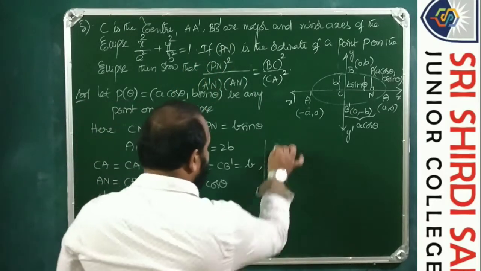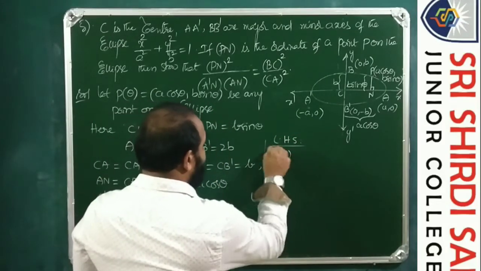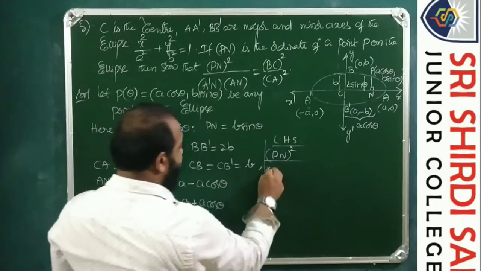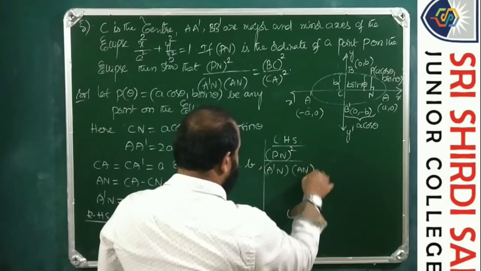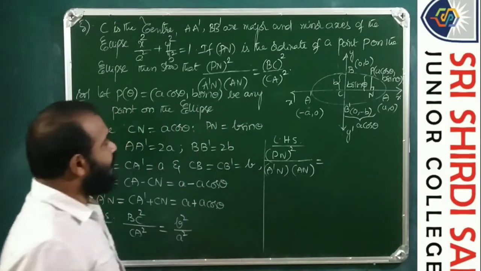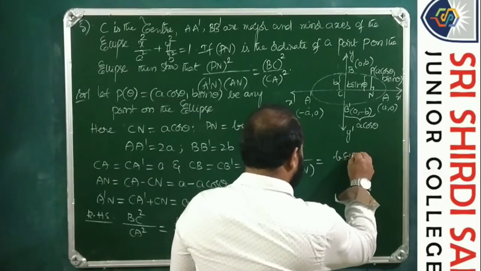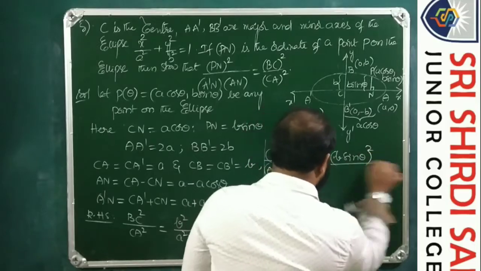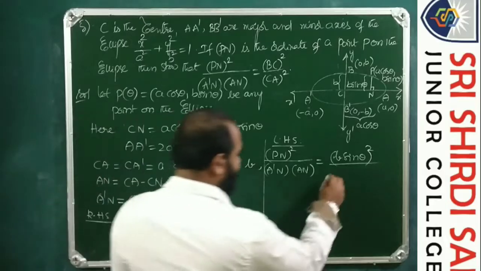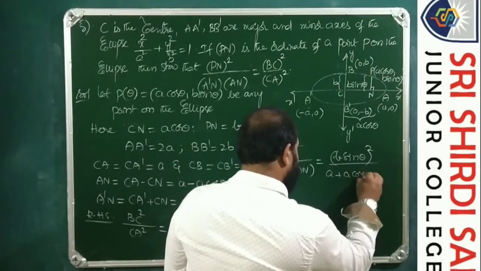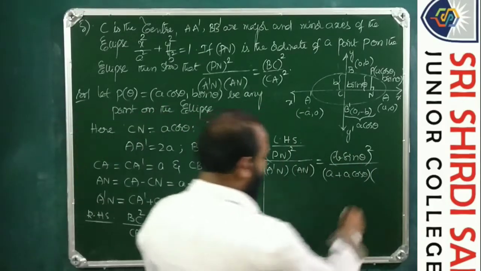So for this I take LHS. So Pn whole square by A dash N into AN. So what is Pn? Pn is b sin theta. So this is b sin theta whole square by A dash N is a plus a cos theta into AN is a minus a cos theta.